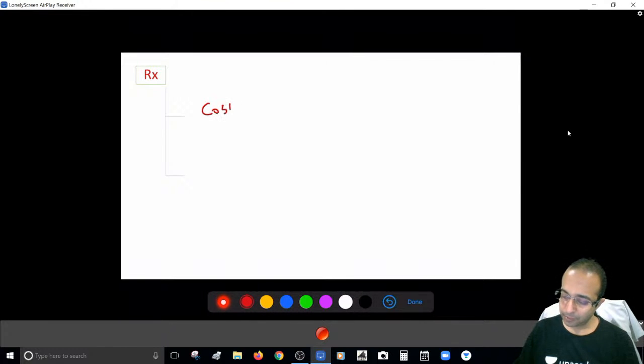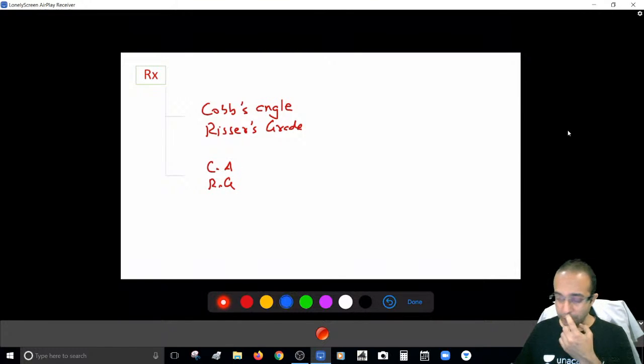Every case you have to calculate the Cobb's angle and you have to calculate the Risser's grade. Now when you find the Cobb's angle has crossed more than 45 degrees, means it is severe.